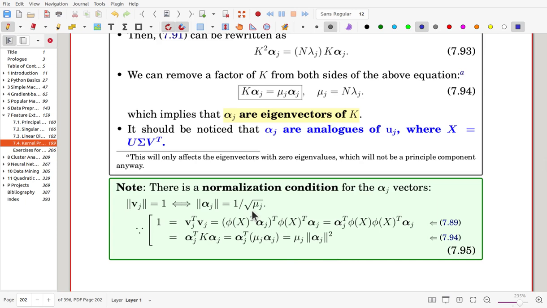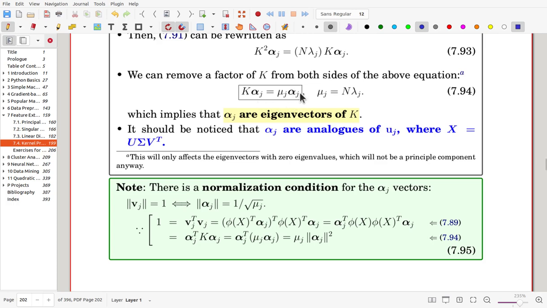The reason we are considering this normalization condition is that later on, when you compute the eigenvector of K, the output of the computation will be a normalized eigenvector.